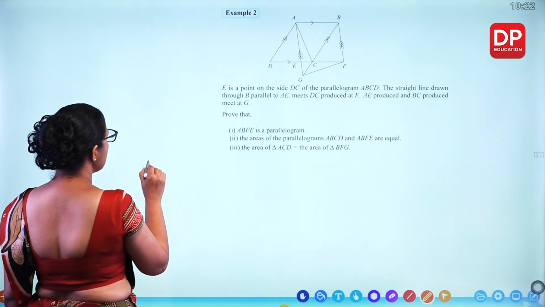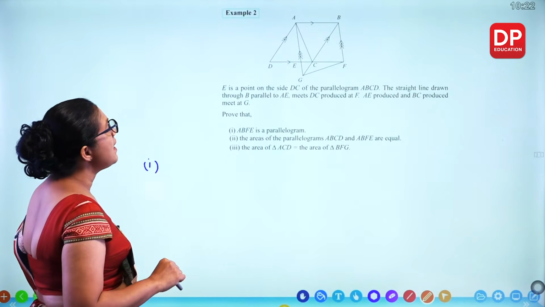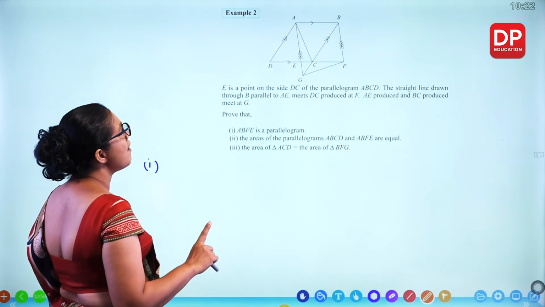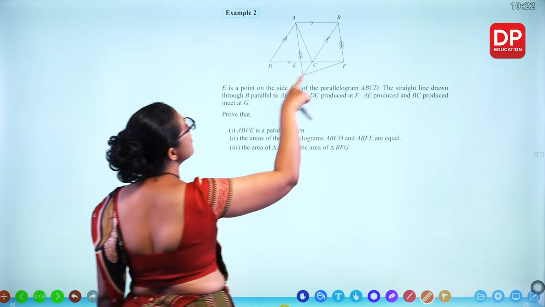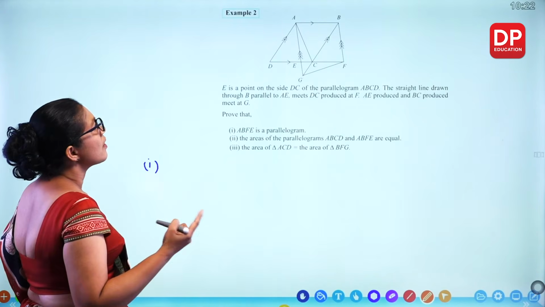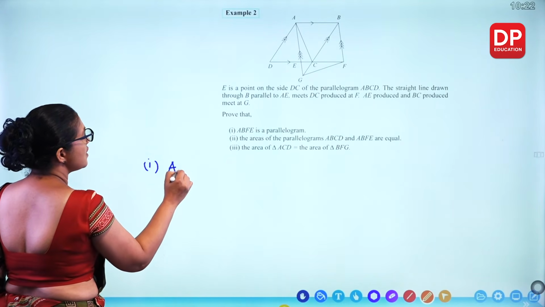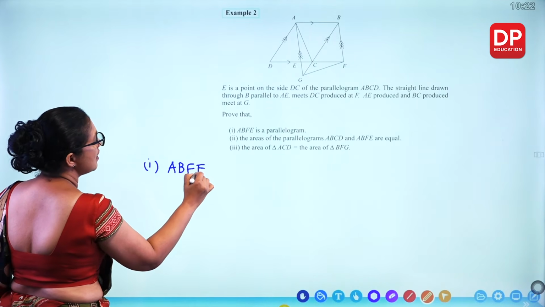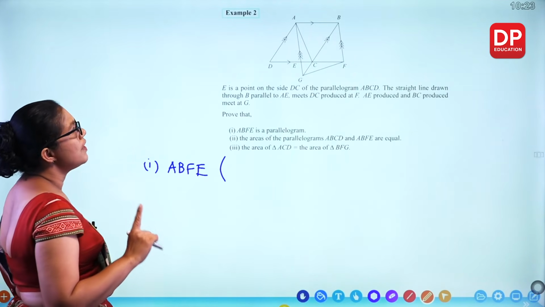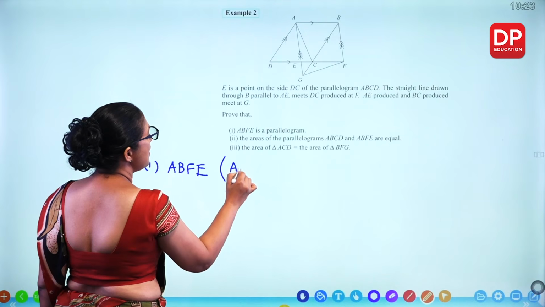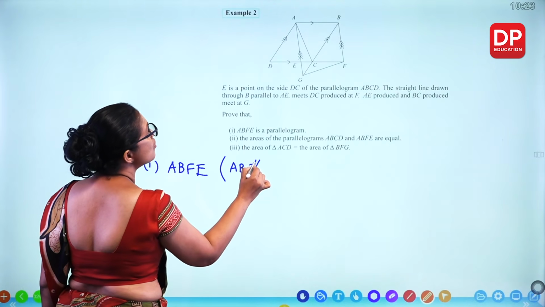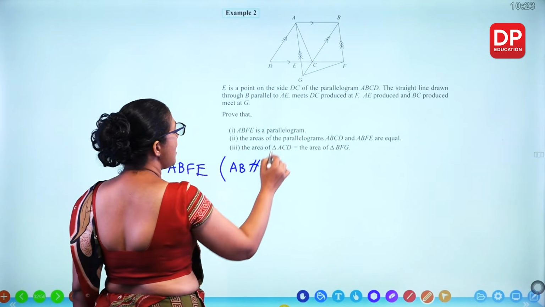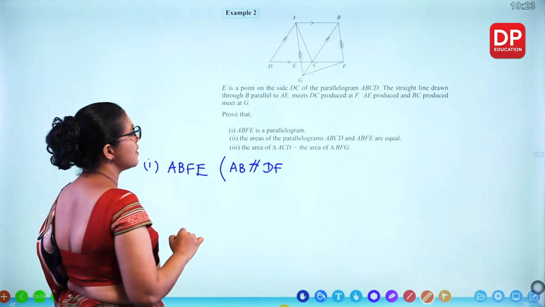So the first part, ABFE is a parallelogram. What can you say about ABFE? We know that AB is parallel to DF. It's given.